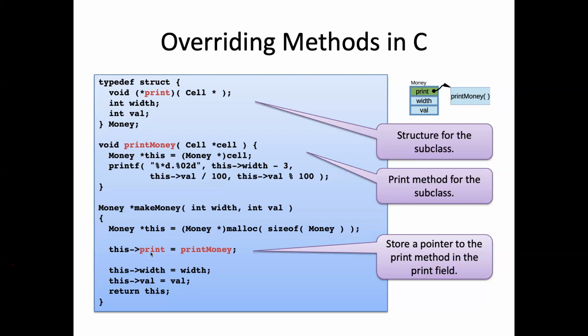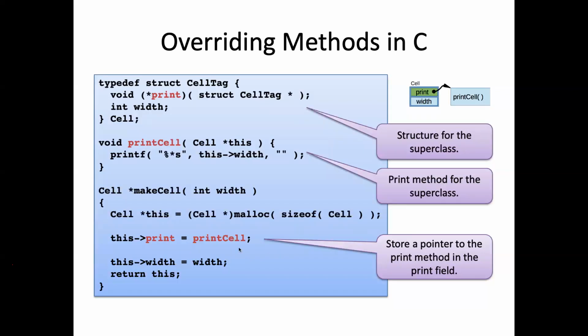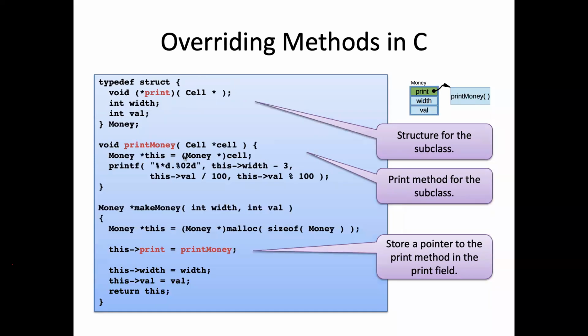But for these, I make them point to a different print function. So backing up, superclass objects are each made with a pointer to this function to print themselves. Subclass objects are each made with a pointer to this function to print themselves out as money. The print money function gets a pointer to a cell. That's the superclass.